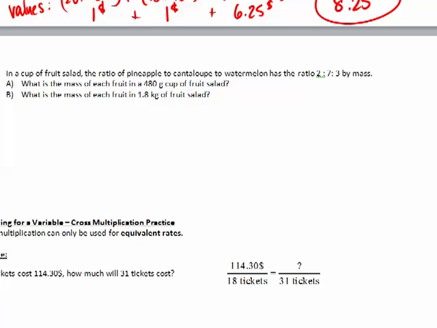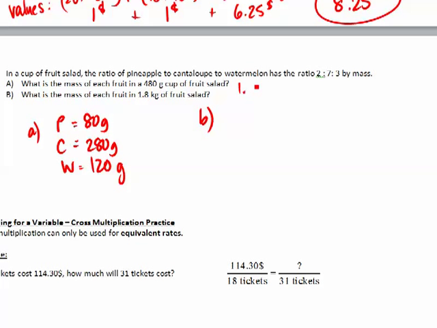After you've tried solving this problem, for letter A, what is the mass of each fruit? We have for our pineapple 80 grams, our cantaloupe 280 grams, and our watermelon 120 grams. And for letter B, if it's 1.8 kilograms, what we could do is convert 1.8 kilograms to 1,800 grams.